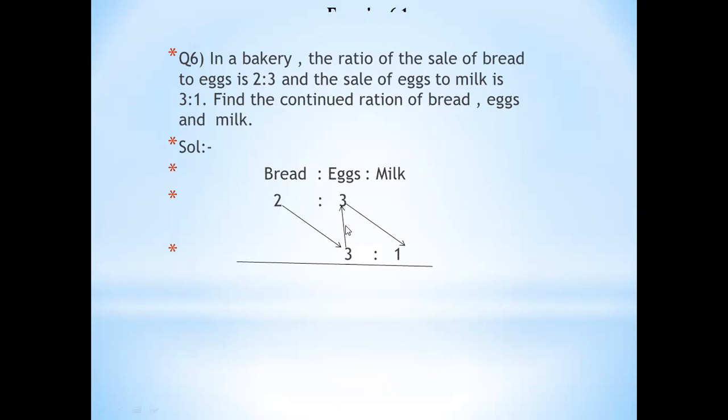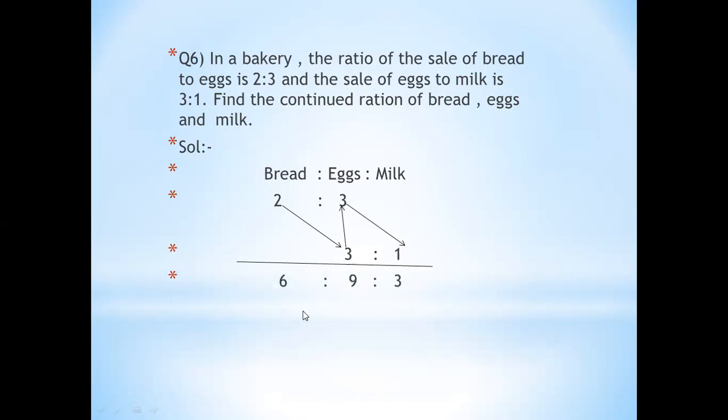Now in the same way, the arrow direction will be the same. The first one multiplies with the second ratio, and then the repeated one multiplies with itself, and then the second value of the first ratio multiplies with the second value of the second ratio. So 2 3s are 6, 3 3s are 9, and 3 1s are 3.